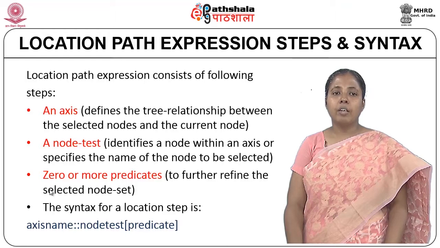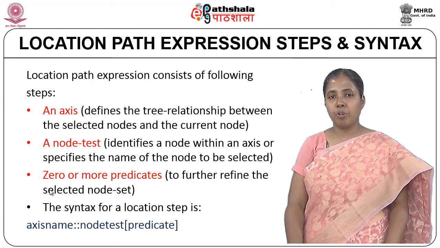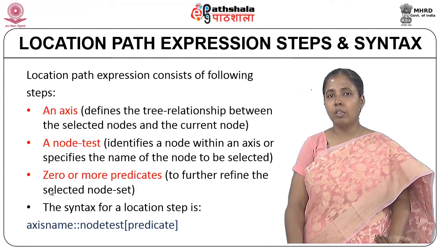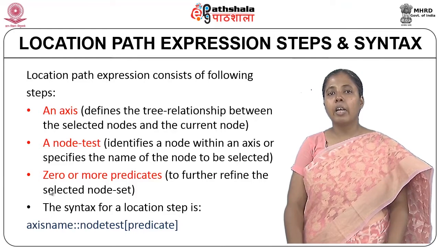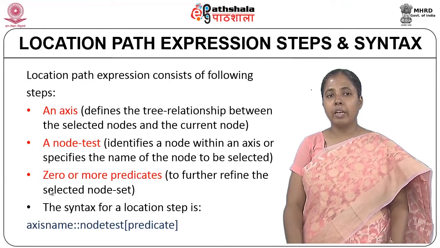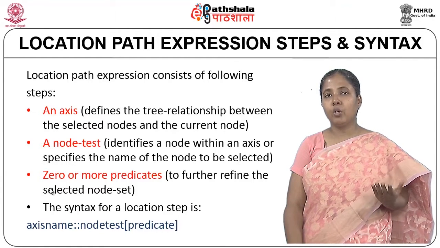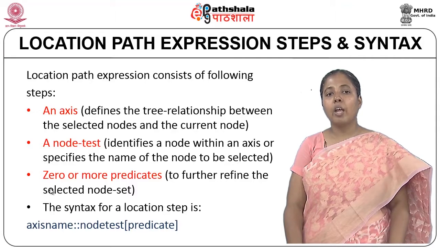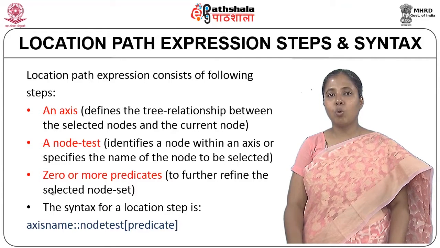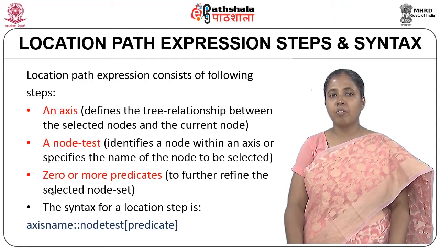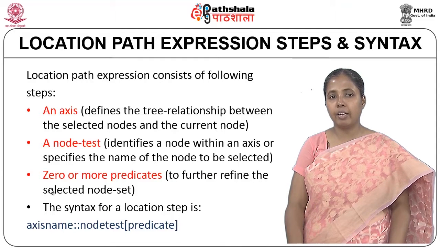Now we will see that this location path expression consists of all the things we have seen earlier. It can contain an axis, which defines the tree relationship relative to the selected nodes or the current nodes. A node test identifies a node within an axis or specifies the name of the node to be selected.